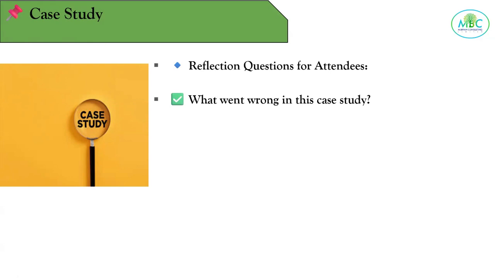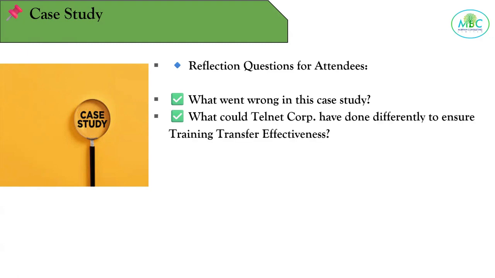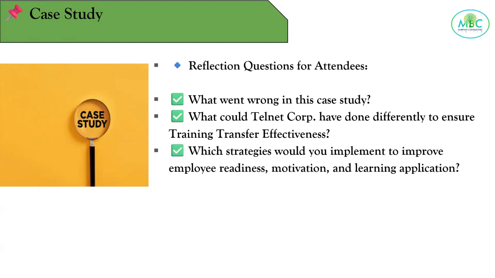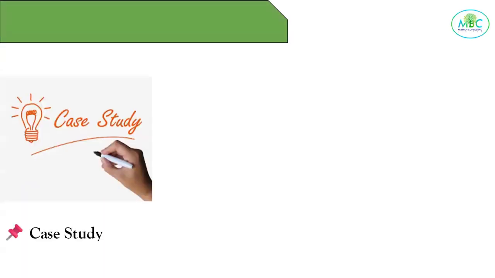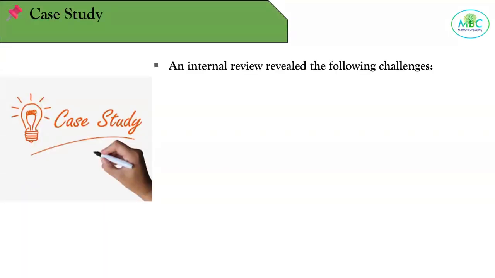That is what Elizabeth has responded to, Titi has responded to, and Adedeji has responded to. Now, what could Telnet Cooperative have done differently to ensure training transfer effectiveness? This is what you've all responded to. Which strategies would you implement to improve employee readiness, motivation, and learning application? You've all spoken on this, just on point. I want us to know, where are we going from here now? Where are we going with this case study?